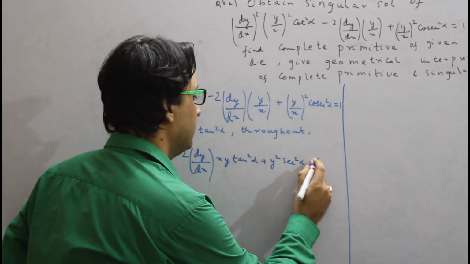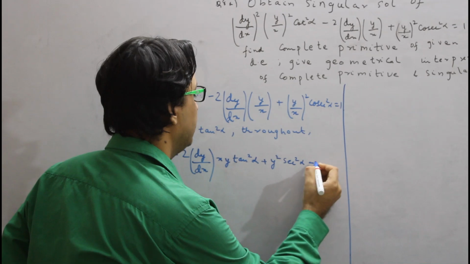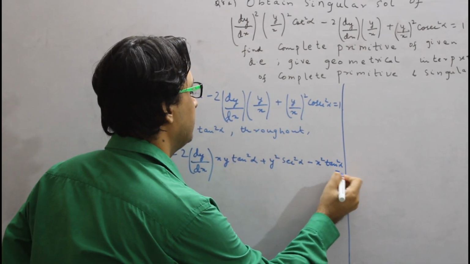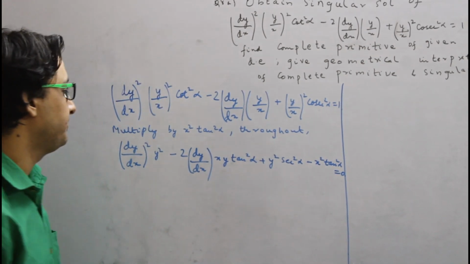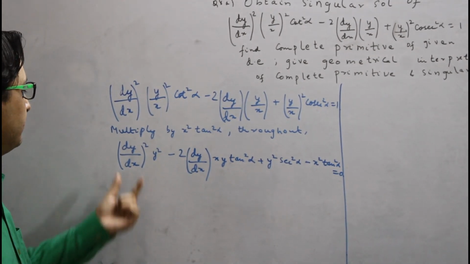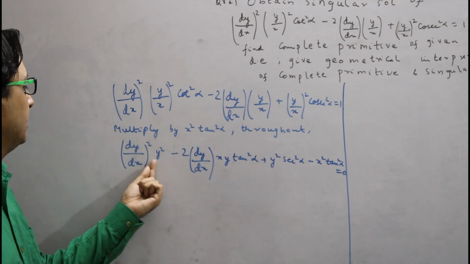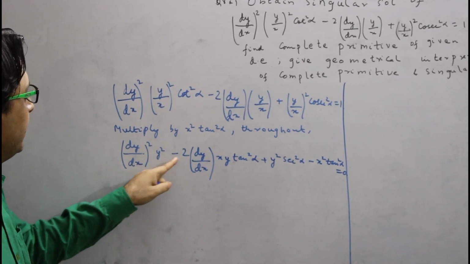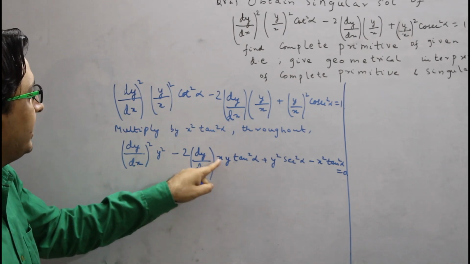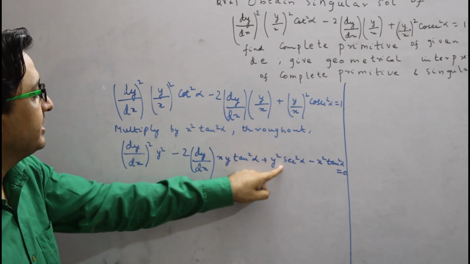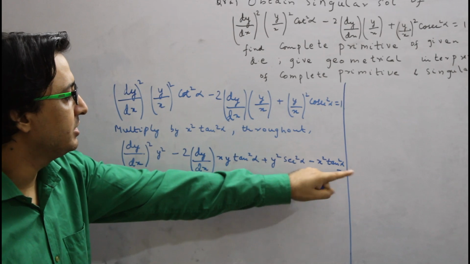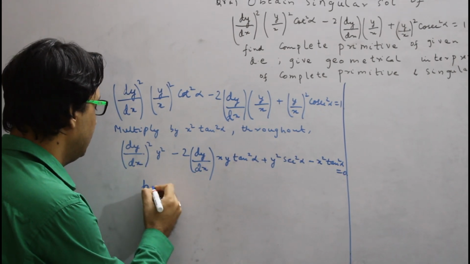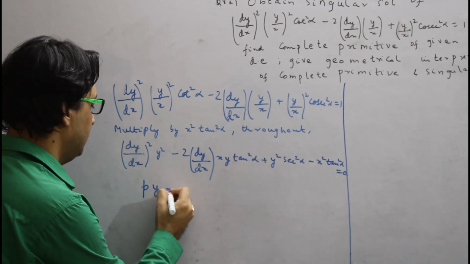So if we bring it to the LHS, this becomes x² tan²α = 0. So we have got our p²y² − 2pyx tan²α + y² sec²α − x² tan²α = 0.